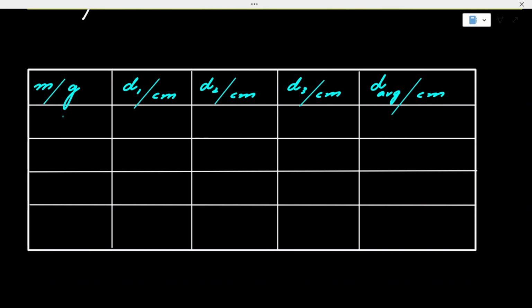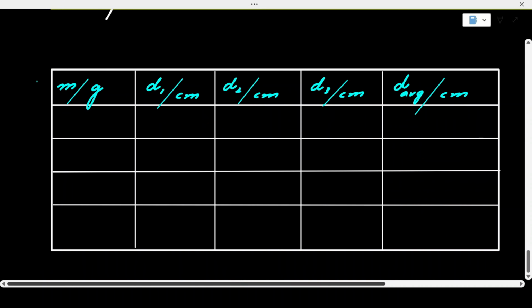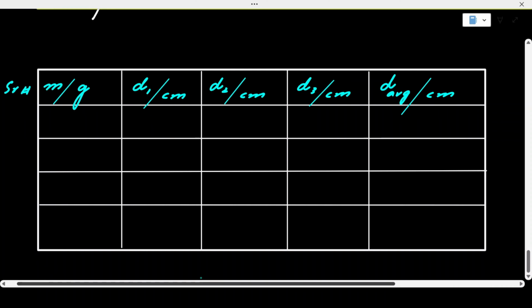Okay, so you don't need to fill the table. And by the way, you could have added one more column with serial number 1, 2, 3, 4. But you're not supposed to fill the table. You just need to show the column headings.